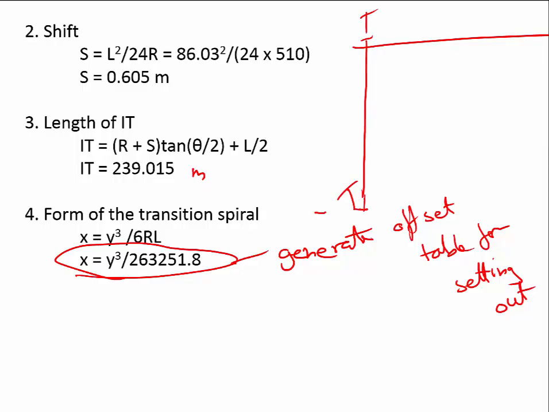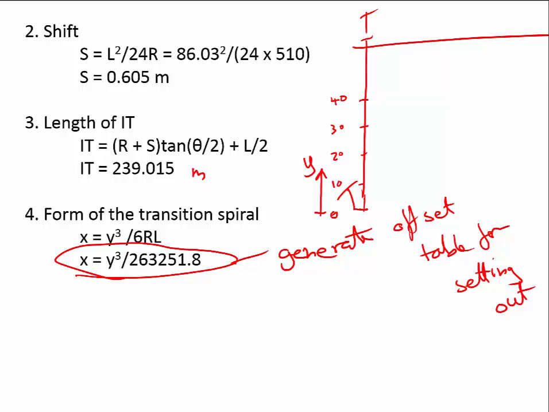If you read this tangent line as being a baseline, reading y, so at the start of the tangent point there it's 0, let's take 10 metre intervals, 10, 20, 30, 40, etc. This equation then allows us to find out the equivalent perpendicular offset distance of this spiral.